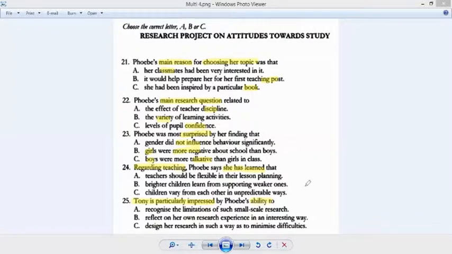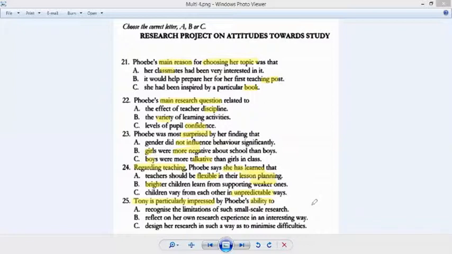Now 24, regarding teachers, flexible, okay, in their lesson planning. We have brighter children supporting weaker children. And children vary from each other in unpredictable ways.